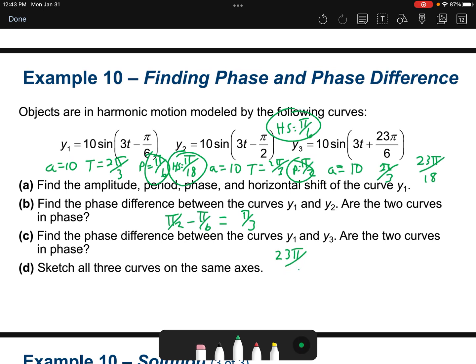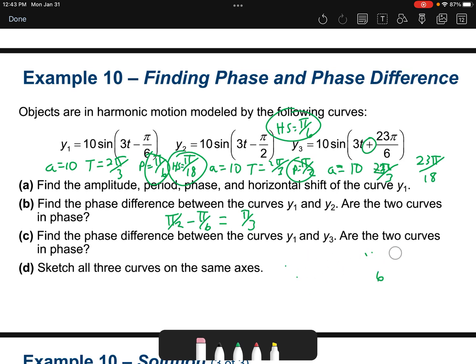And then between 1 and 3, it'd be 23 pi over 6 minus pi over 6, which was 22 pi over 6. Or was that negative? Oh, it was negative. Oh, my bad. So negative 23.